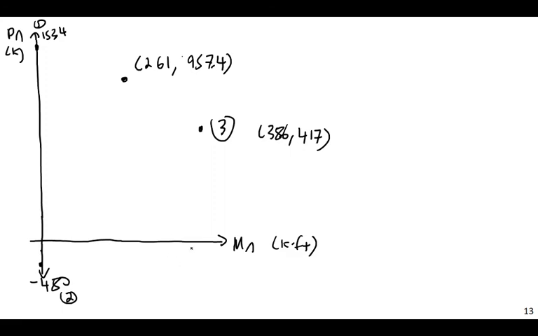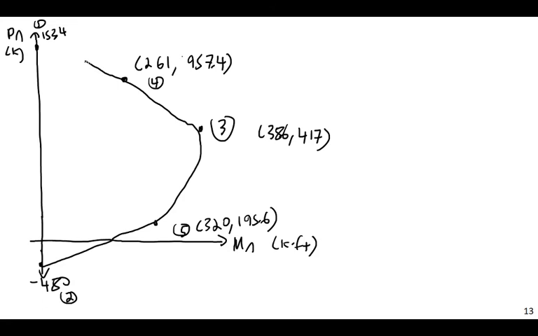And then down here, point 5 is going to be 320, comma 195.6. Our overall curve, our envelope, is going to be something crudely drawn like that. If you can't nail the dot, move the dot. So this is our general curve.